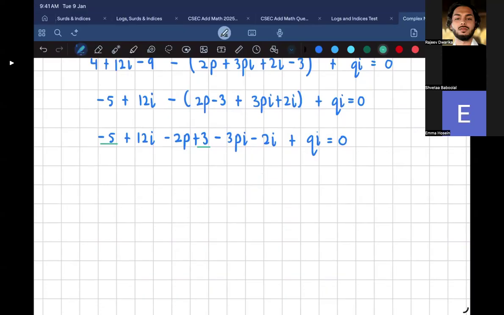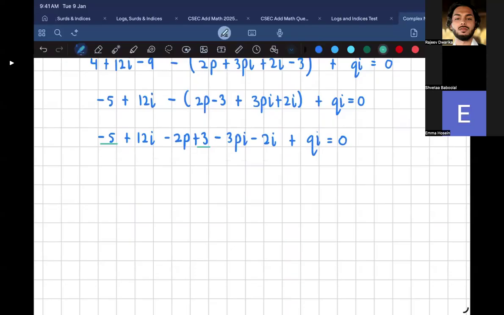Minus 5 and plus 3 is what? Minus 6? Oh, sorry. I thought you said minus 5 and minus 3. Even if I said minus 3, minus 5 by minus 3 would be plus 15.